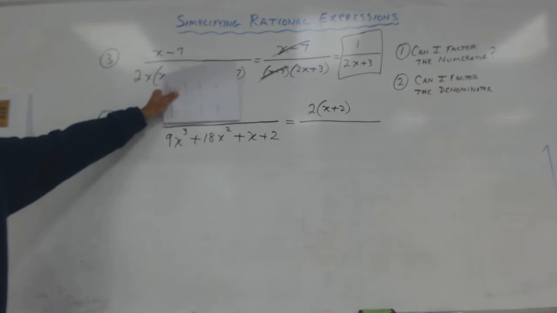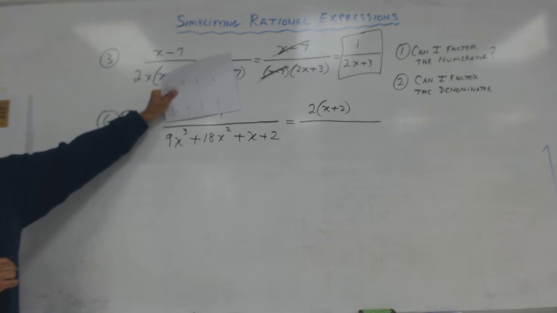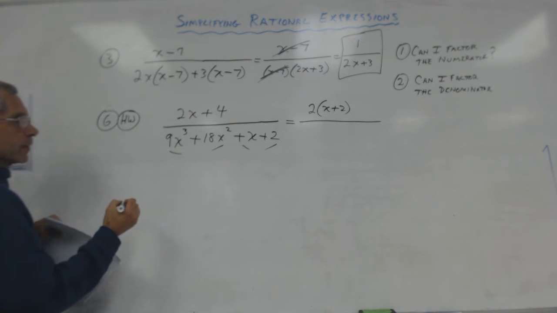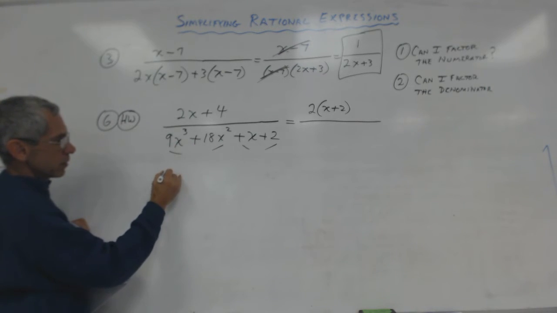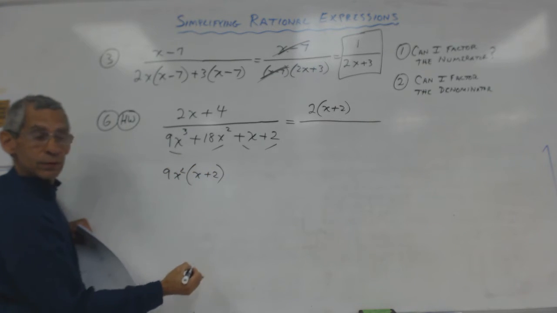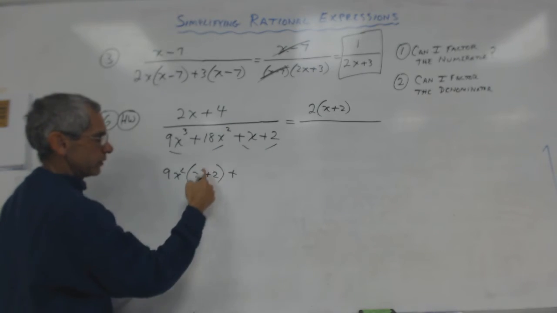Awesome. Now I'm not going to look at the numerator. Can I factor the denominator? Yes. What method? Factor by grouping. So what do we have? Common factors here: 9x squared, and that gives me an x plus 2. And then there's a plus sign, and that's the x plus 2.